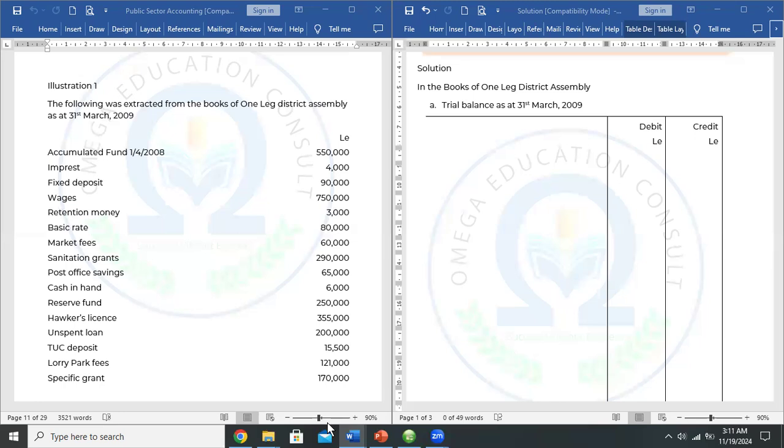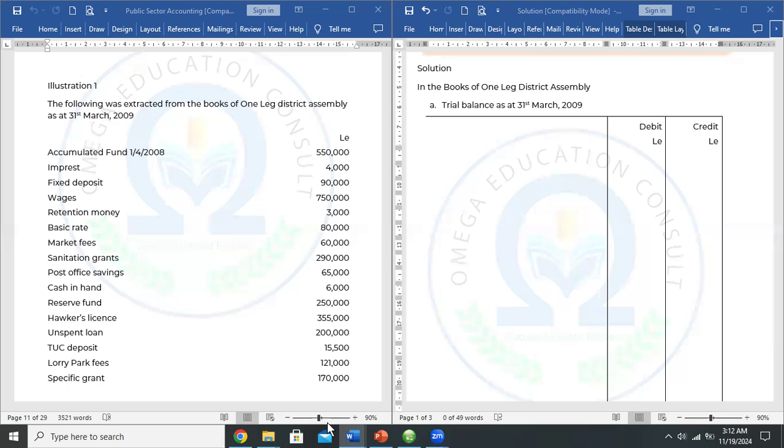Then you should also be able to outline the various sources of revenue for the central government as well as the local government, right? And then you should be able to also appreciate the expenditure of the government, specifically those that are of capital nature and those that are of recurrent nature.